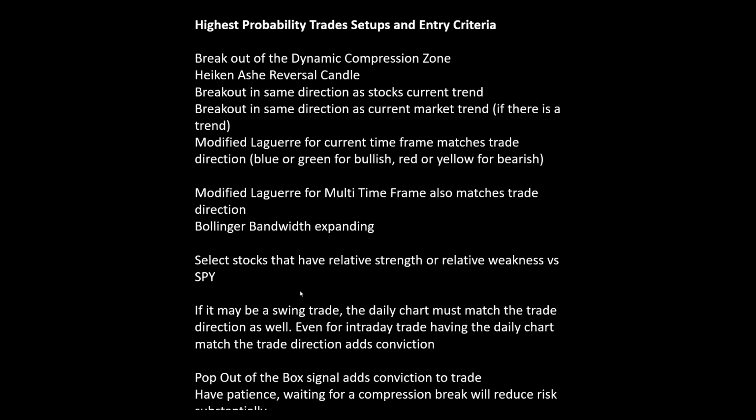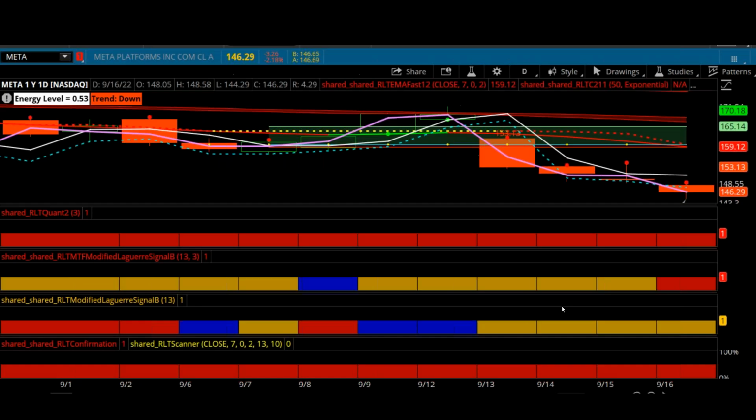If we take a long on intraday, we prefer the daily chart also be bullish, and vice versa. We also have a pop out of the box signal that I'll show you in a minute. The key here is to have patience. Waiting for a compression break reduces the risk, and you just have to wait for those trades and take them when they occur.